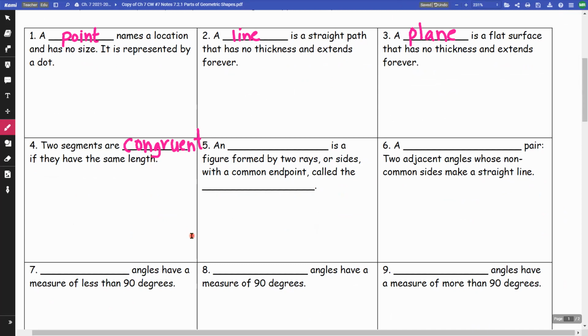And blank is a figure formed by two rays or sides with a common endpoint called the blank. So this situation is an angle is a figure formed by two rays or sides with a common endpoint called the vertex.